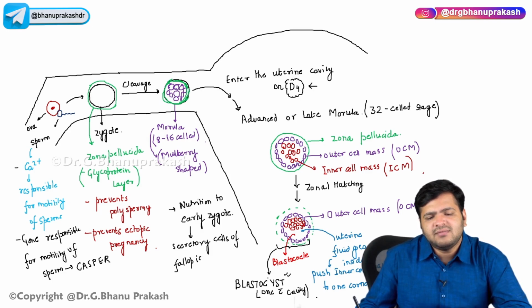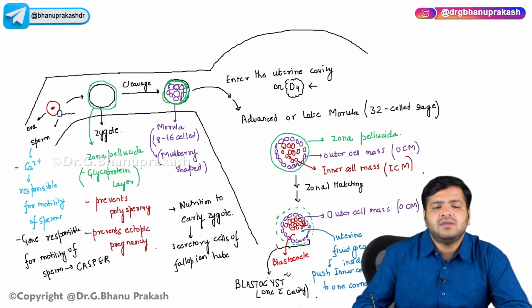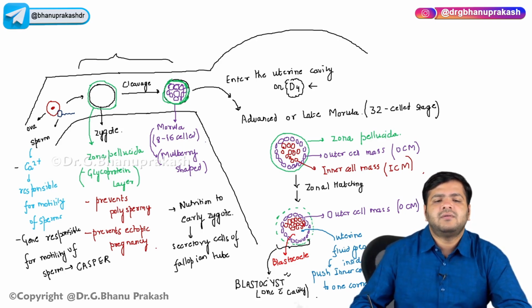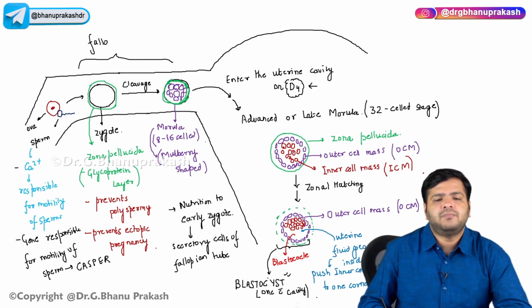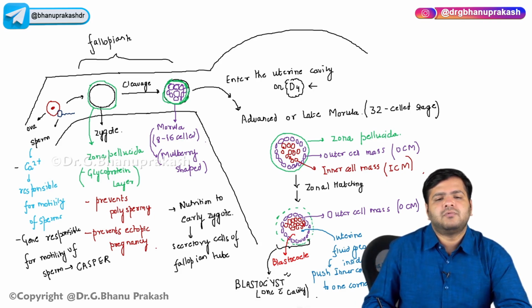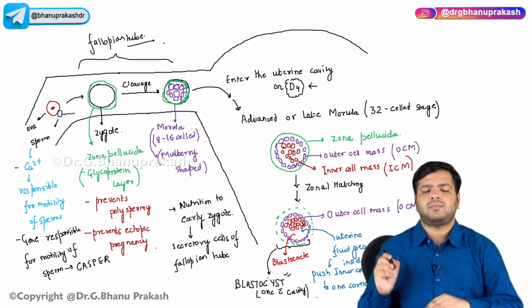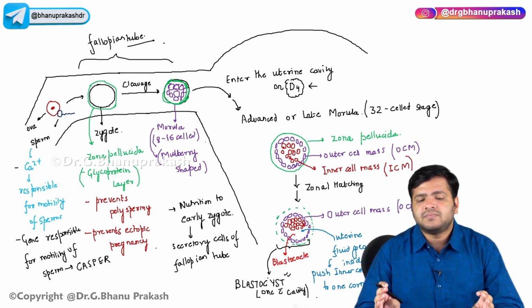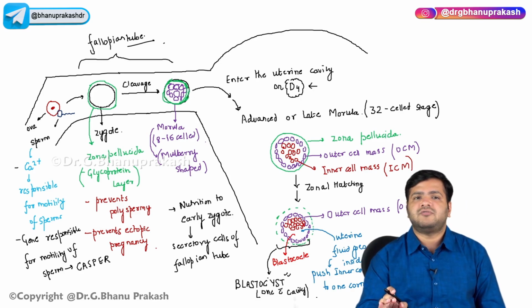The fallopian tube has many cells, I will be coming to that, but remember the early zygote is receiving its nutrition from the secretory cells.